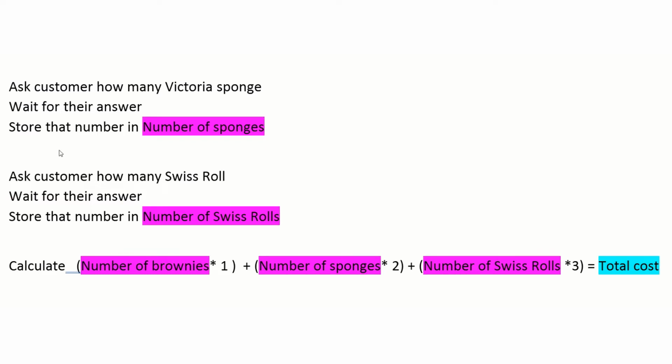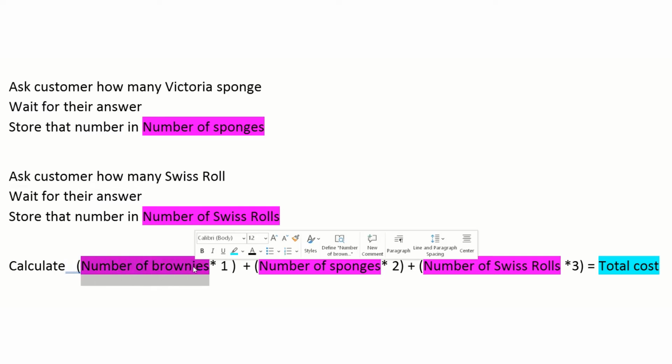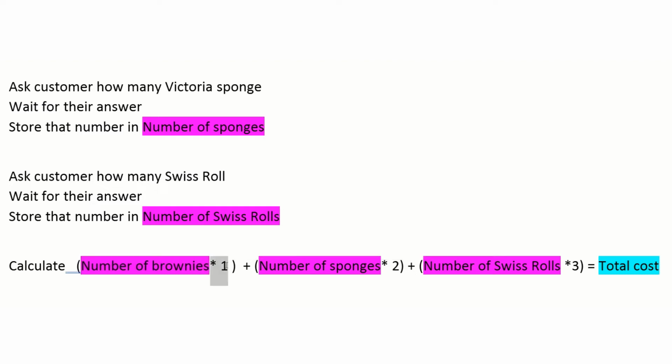What we're going to add in now is the calculation here. So we're going to calculate what the total cost is. And how we're going to do that is we're going to take the number of brownies, so what they type in as how many brownies they want, and we're going to multiply that by 1. And you can see that's all in brackets.